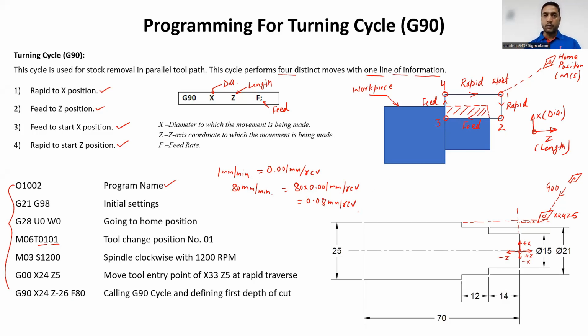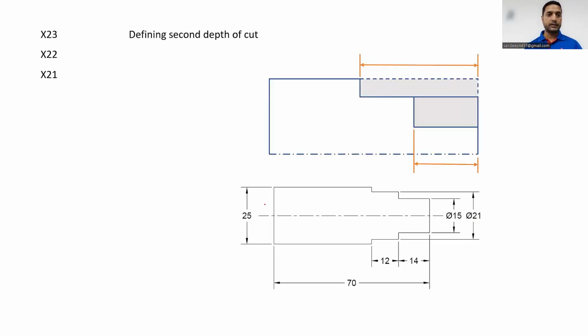Now after that, we will reduce this diameter from 24 to 23. And there is no need to give G90 code once again because this is a modal code and it is active in the machine's memory. After this, we have X23, which means we are defining the second depth of cut from 24 to 23, then 23 to 22, and then 22 to 21.